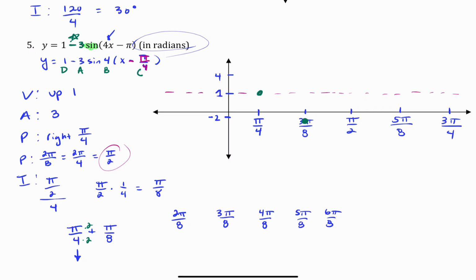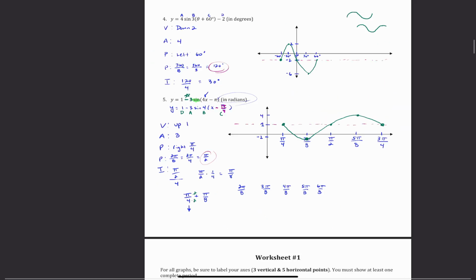So, middle, lowest point, middle, then highest point, then back to the middle. So, your sine function should look like that. Okay, so it should look like that. Hopefully I did a good job sketching it, but yes, if it's a negative, you're basically reflecting.